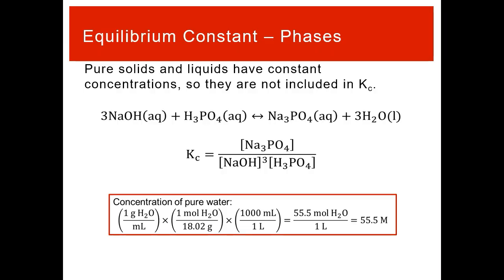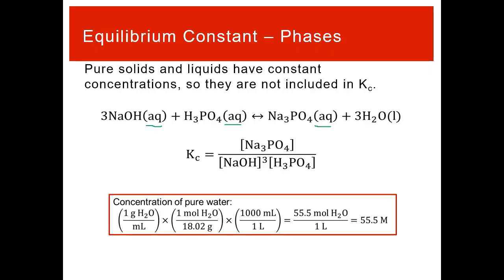When we're working with equilibrium constants, we're always dealing with these concentrations. It ends up that pure solids and liquids have constant concentrations, so they're not included in Kc. For example, this reaction, 3NaOH plus H3PO4 becomes Na3PO4 plus 3H2O. We can see that NaOH is aqueous, H3PO4 is aqueous, Na3PO4 is aqueous.